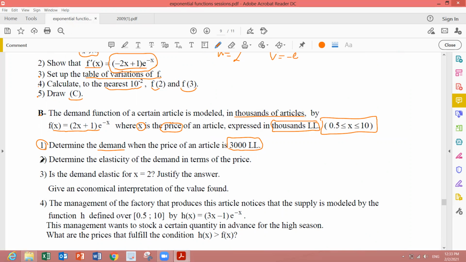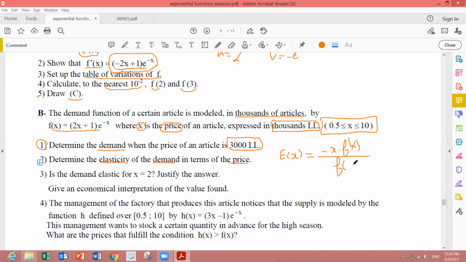Part 2. Determine the elasticity of the demand in terms of the price. The rule for elasticity is E(x) equals minus x times f prime of x over f(x).